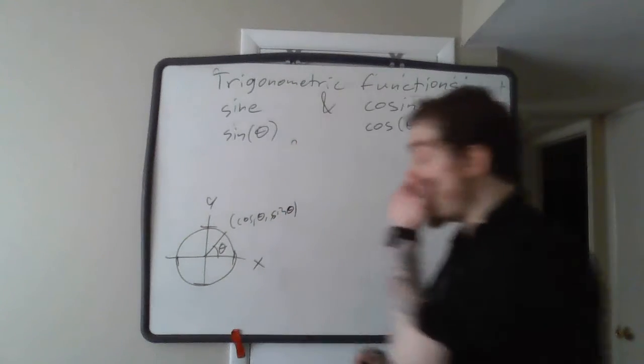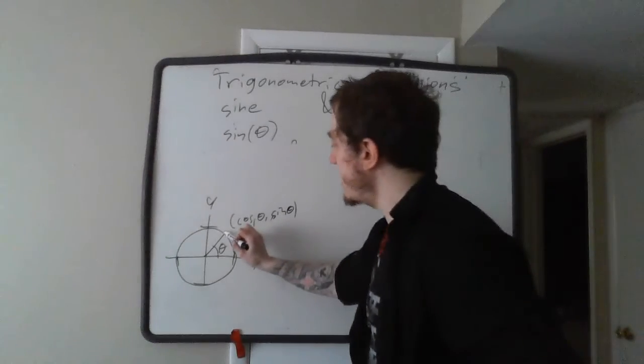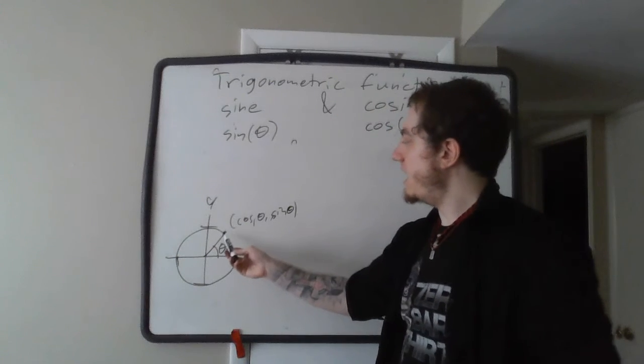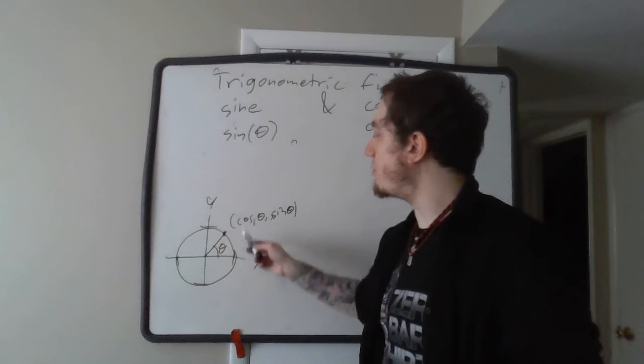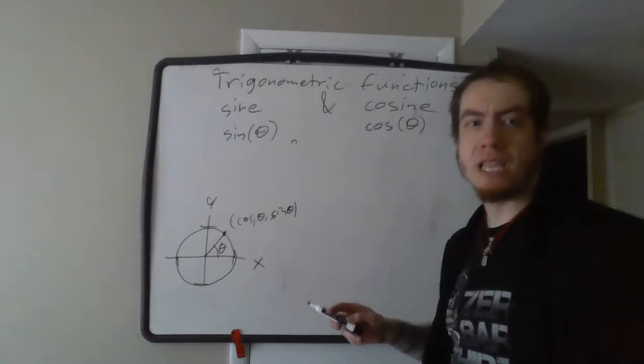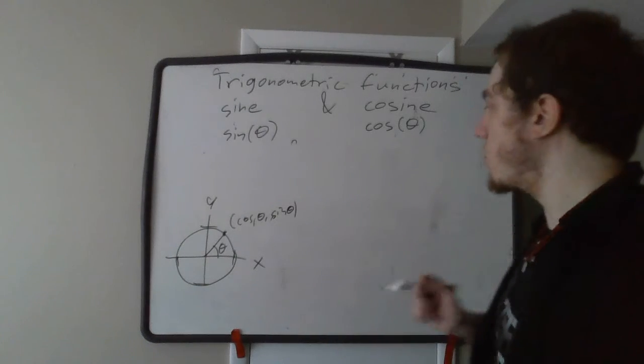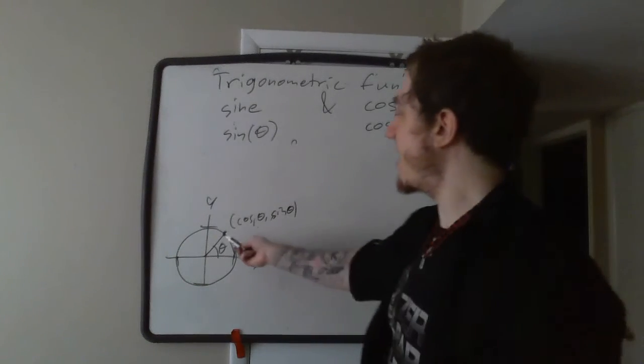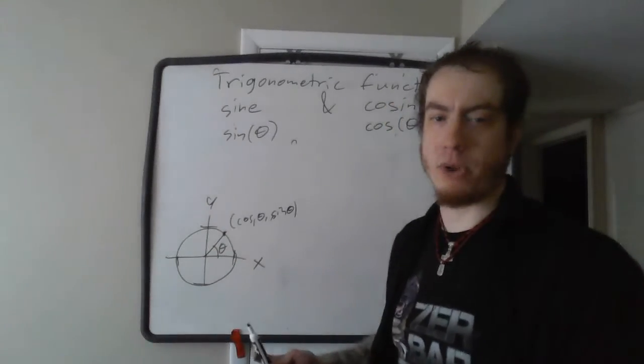sine theta. Okay, the observation that I want to make, and we already sort of said this, is that if I change the angle by a multiple of 2 pi, I get back exactly what I started with, in the sense that I end up back at the same terminal point.